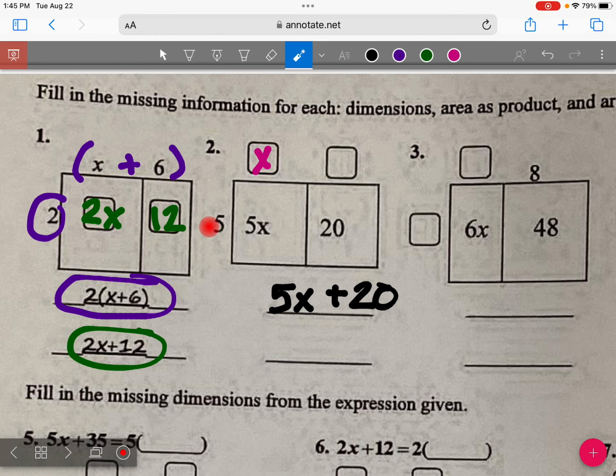We're taking 5x and dividing by 5, and we're going to take 20 and divide it by 5. So we have a positive 4 up here. So we can write this as the product of 5 times x plus 4.